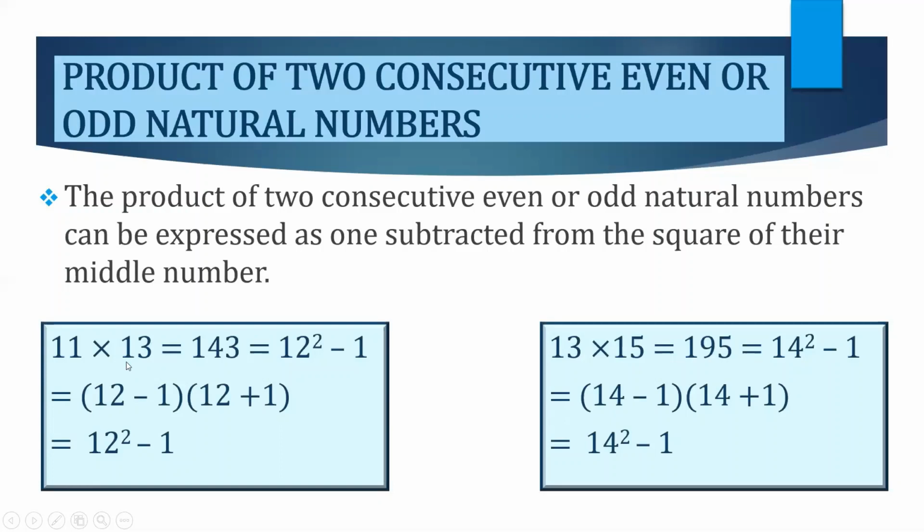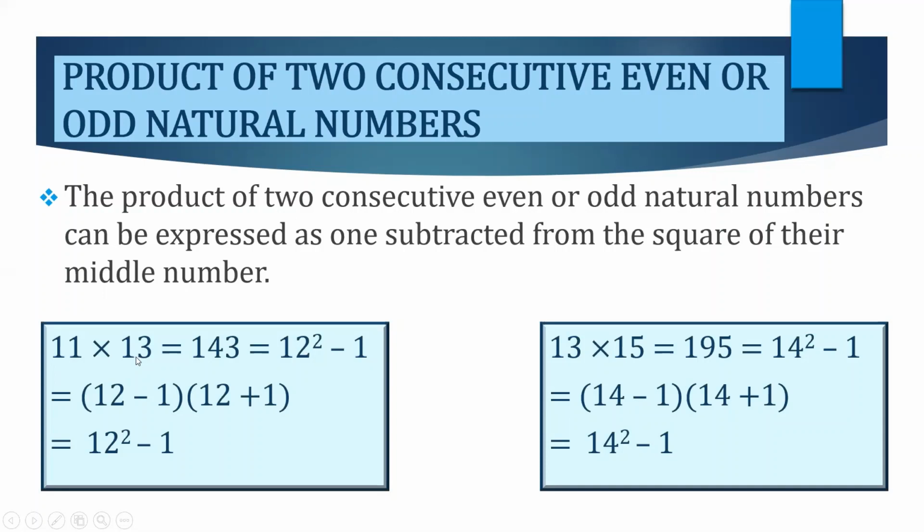So if we have to find the product of 11 and 13, then I simply take the square of the number lying between 11 and 13, that is 12. We know that the square of 12 is 144, and then I have to subtract 1 from it. So 144 minus 1 is equal to 143, and that will be the product of 11 and 13.